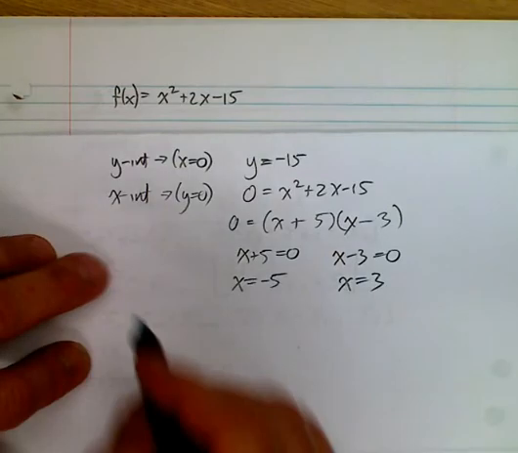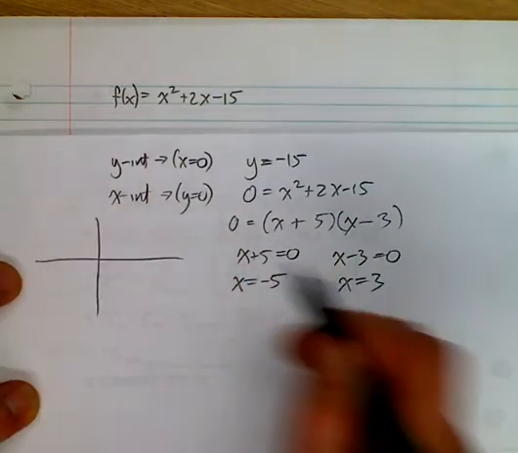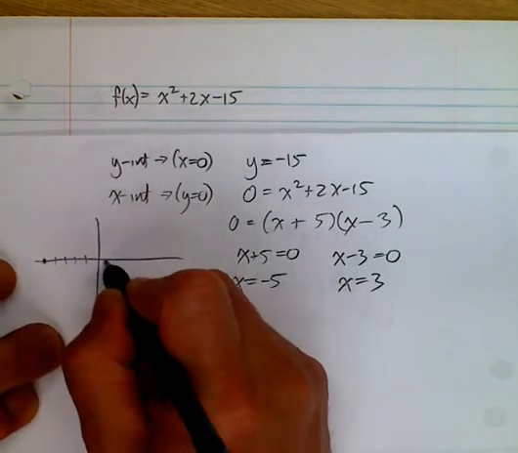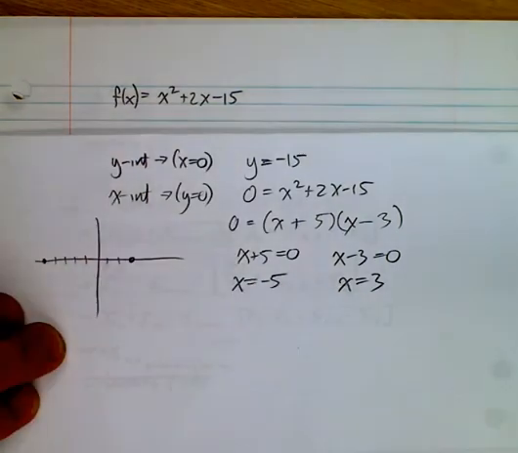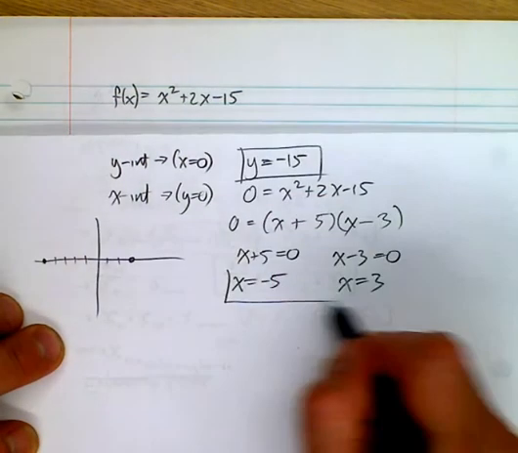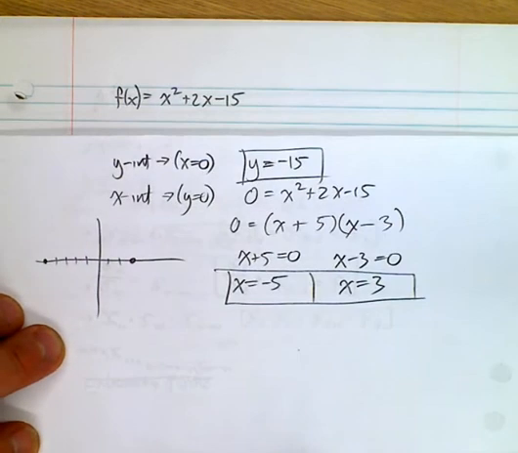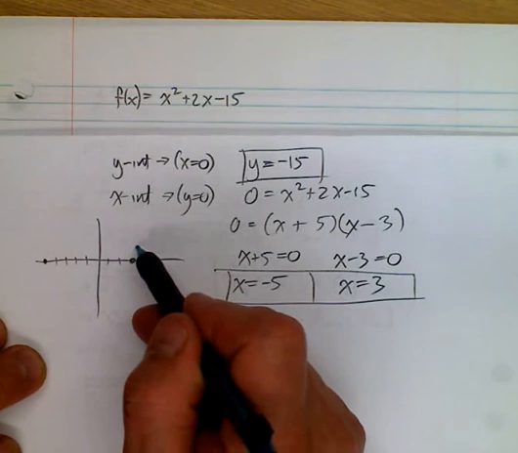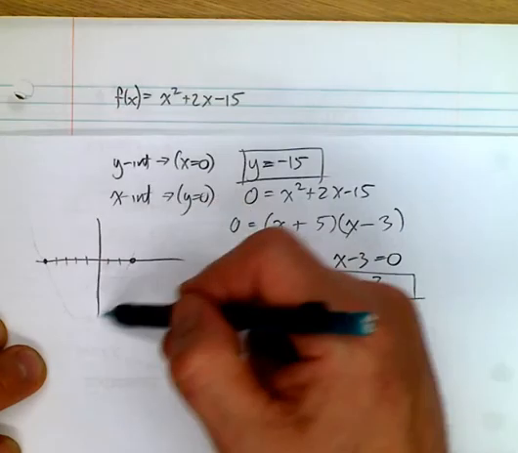And if we plot that up here, boom, boom, right? 1, 2, 3, 4, 5, negative 5, and 1, 2, 3, positive 3. So there's my y-intercept, there's my x-intercepts. The one other thing that I'd want to find would be the axis of symmetry. And if these are the points, then the parabola is going down like this or up like that.